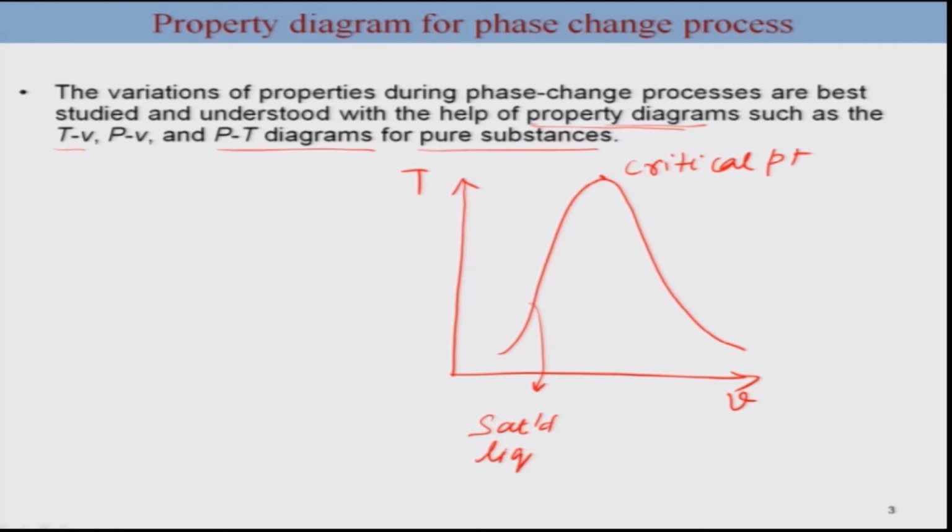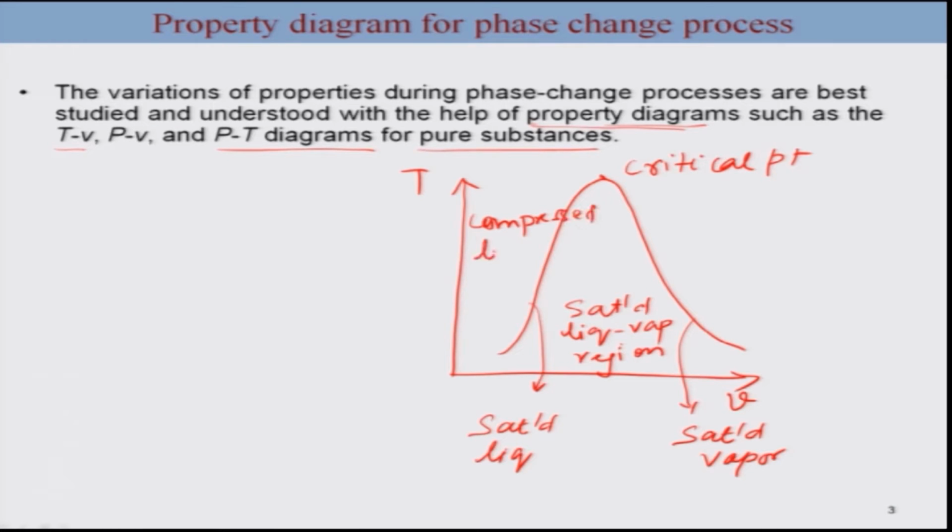So this line is saturated liquid and this one is going to be a saturated vapor, and the intermediate region is going to be the saturated liquid-vapor region. Okay, this region is going to be a compressed liquid and this is going to be superheated vapor. Okay, so this is a basic phase diagram for the pure substance.